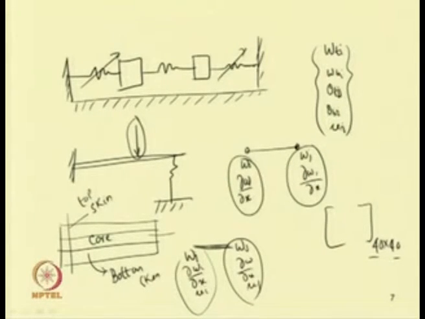This force at a node may be concentrated, or uniformly distributed, or a moving load type of force. So, in all such cases one has to write the equation of motion taking this external force into account.